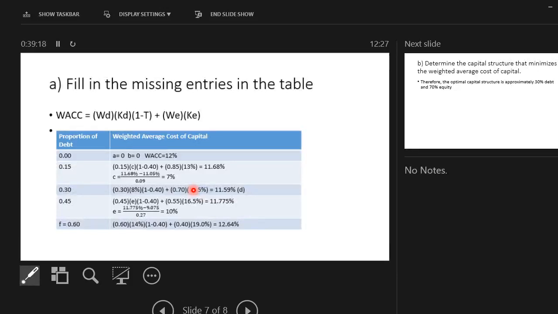And I'm looking for KE, so I'm going to make KE the subject of my formula. I'm just going to put this one this side. So it will be 12% divided by 1, because this is multiplication, is equal to KE. So my KE is equal to 12%.